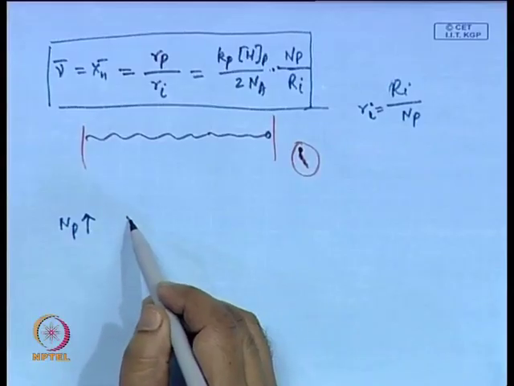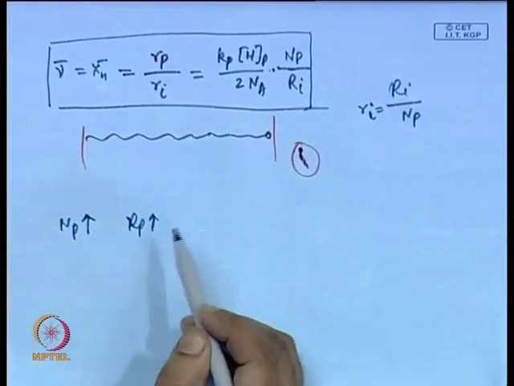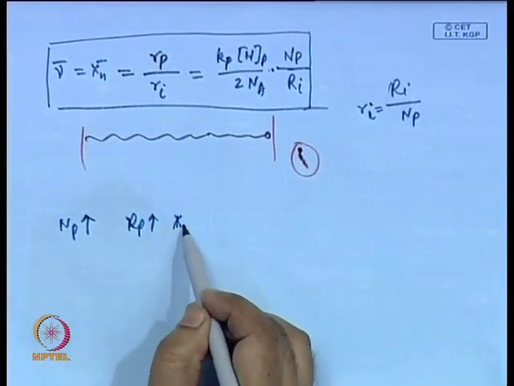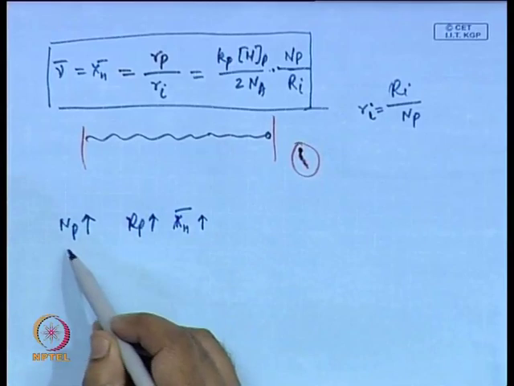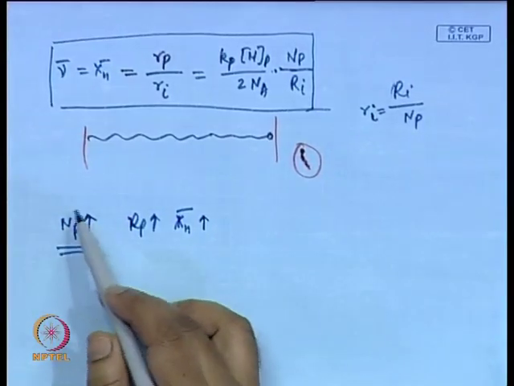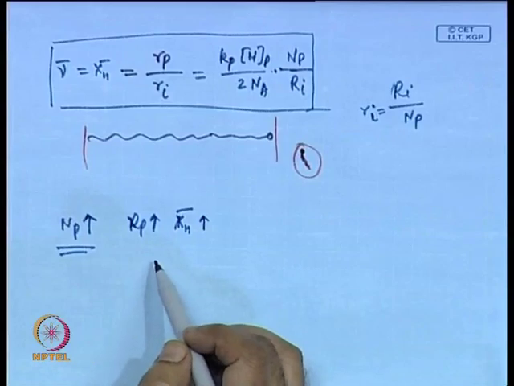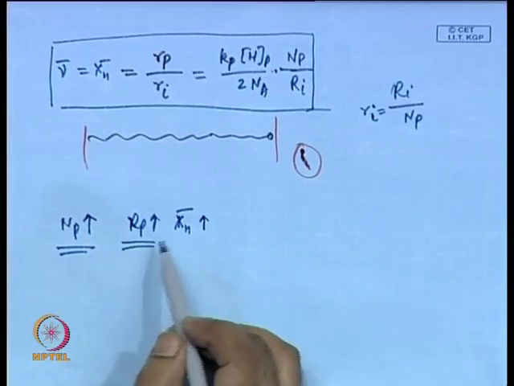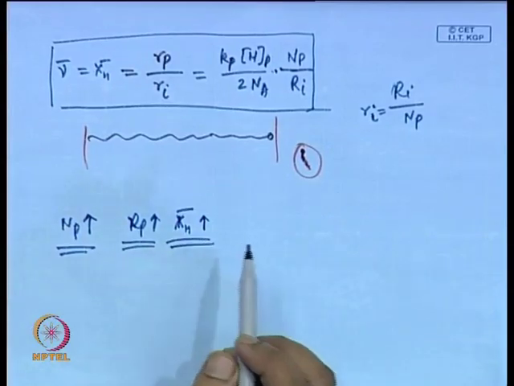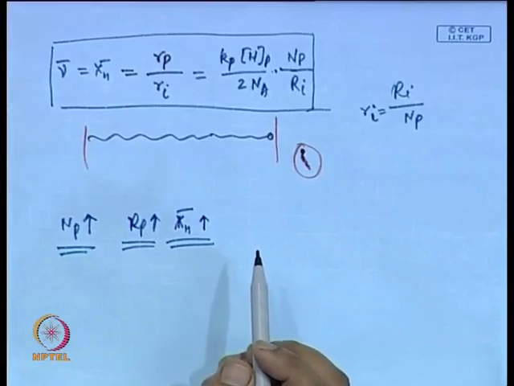So, this is one very advantageous feature of emulsion polymerization, where N_p goes up, which you can achieve by increasing the surfactant concentration and increasing the number of micelles or micellar concentration. Both the rate of polymerization R_p goes up, as well as the number average degree of polymerization.